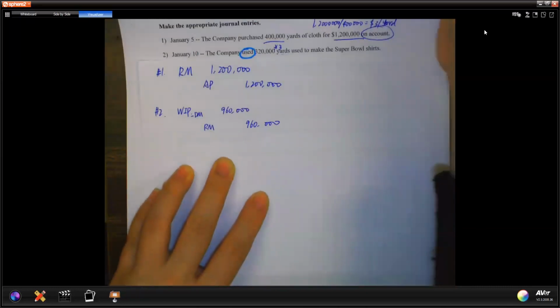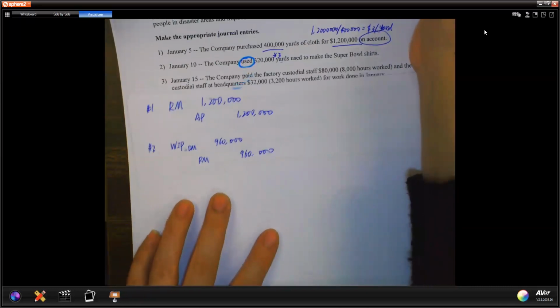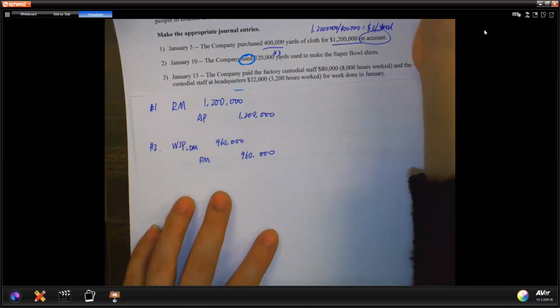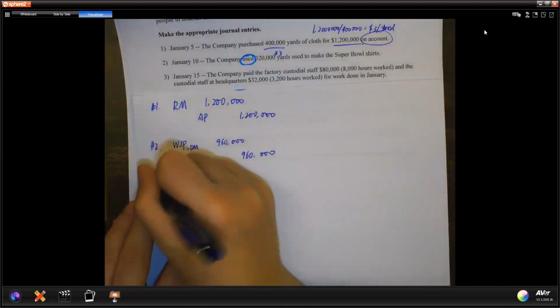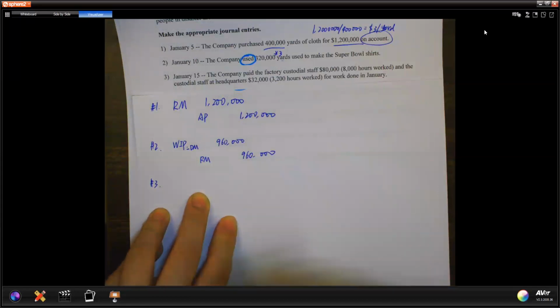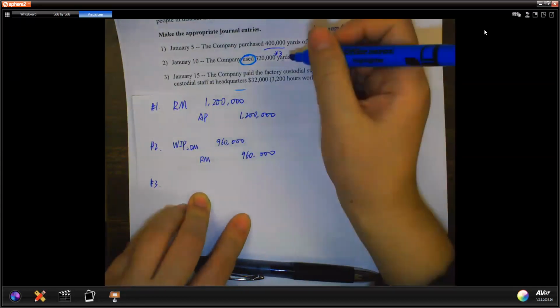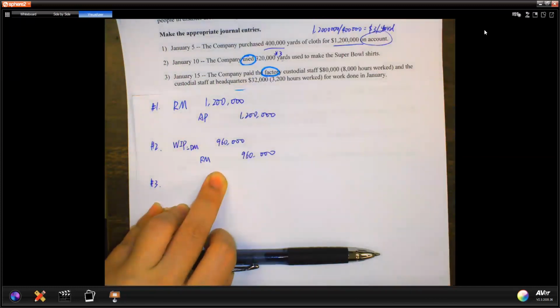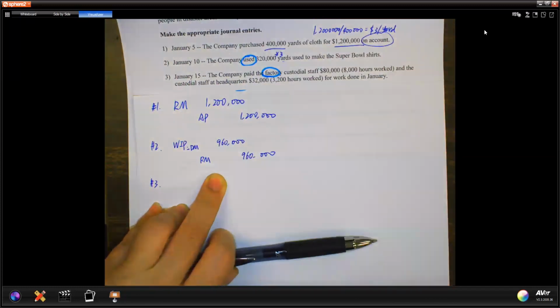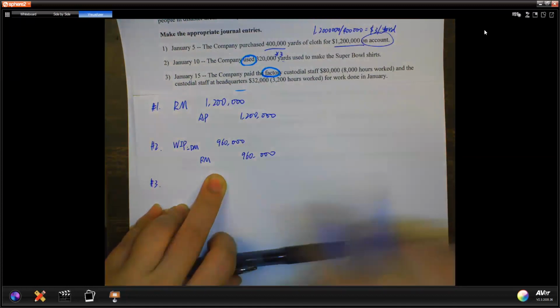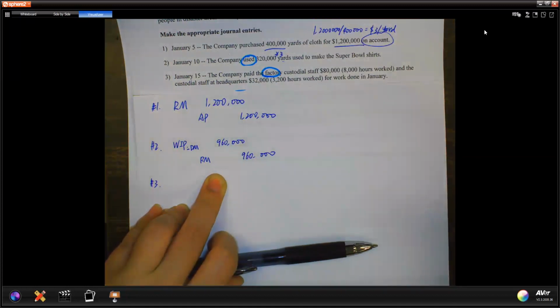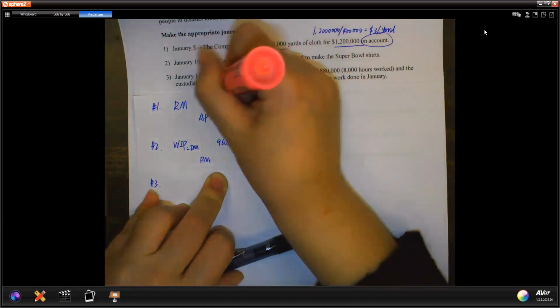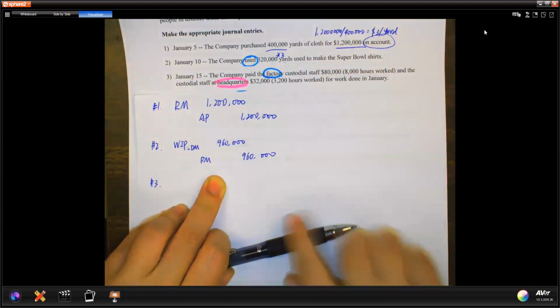Our third one, this is a good one, I would say. You pay the factory custodian staff of 80,000, and then you paid the headquarters custodian staff 32,000.